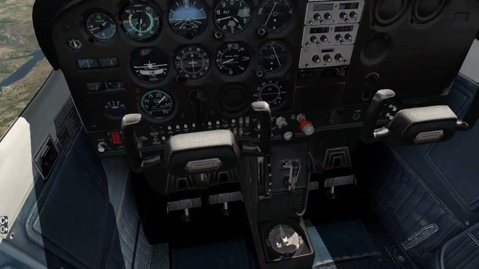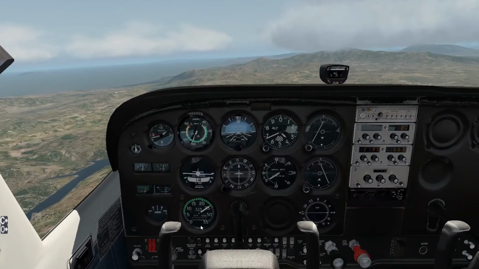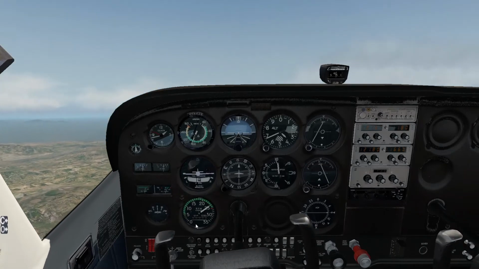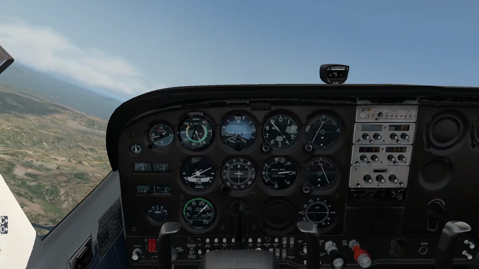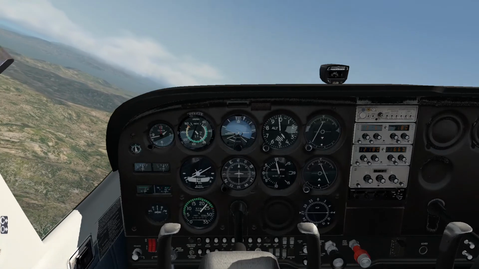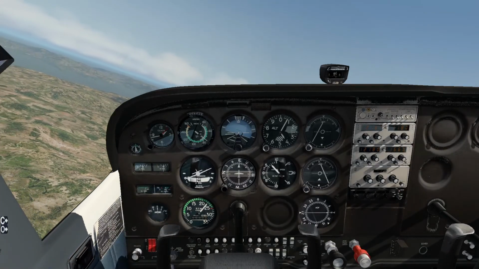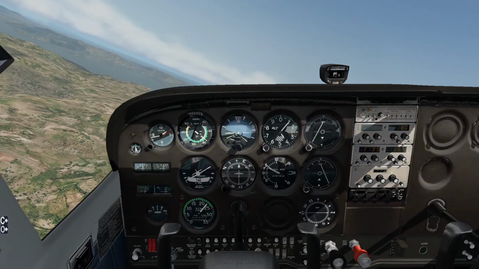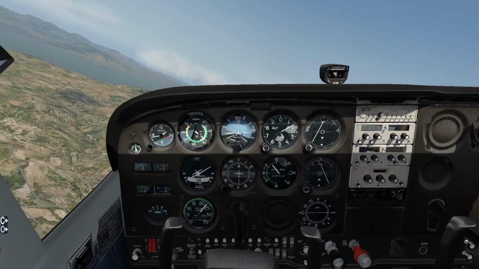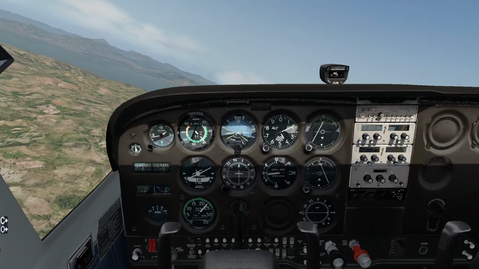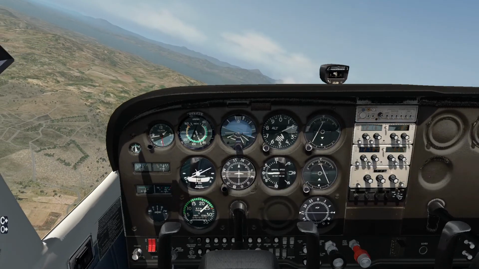So, flow check, fuel valve selector both, mixture rich, full power, carb heat off. We let the nose drop in order to maintain our new altitude.